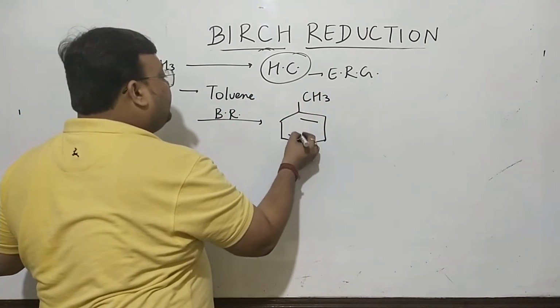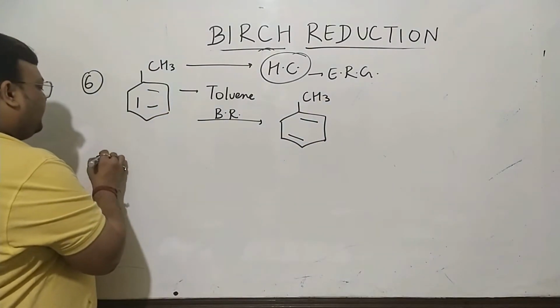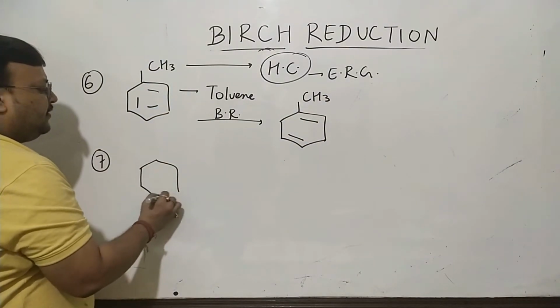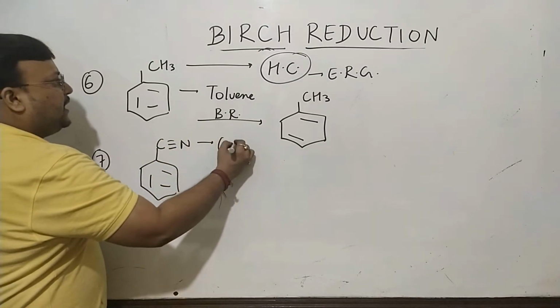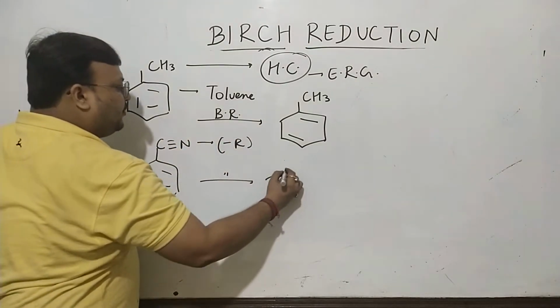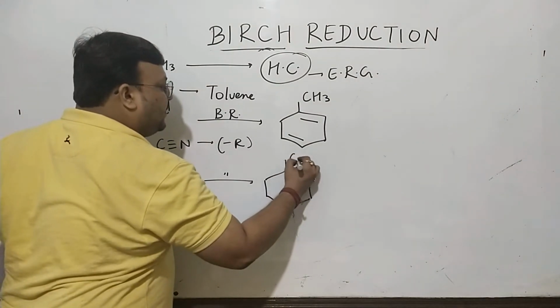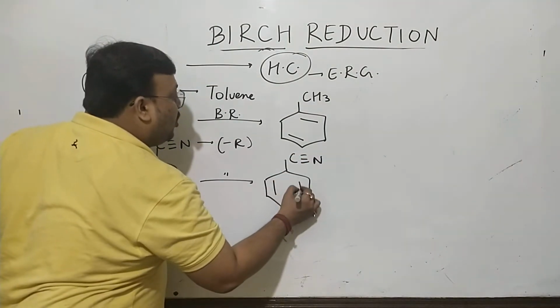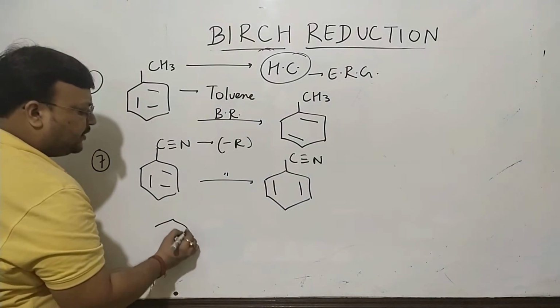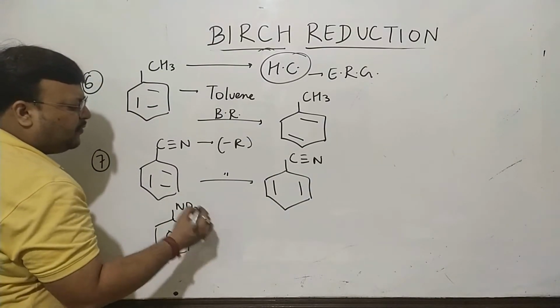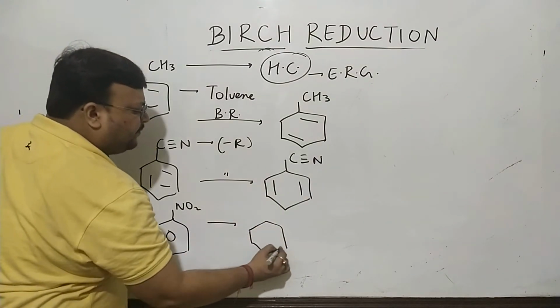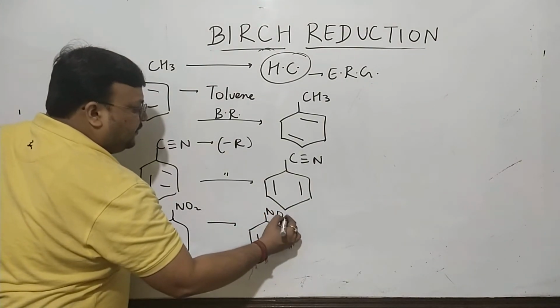It will be there with the carbon bearing the CF3. And certainly if it's cyanobenzene, which is minus R, the product would be such that the carbon bearing this group will not get this pi bond. Something very similar will be expected with a group like NO2, a very popular minus R group, and this will be the final product.